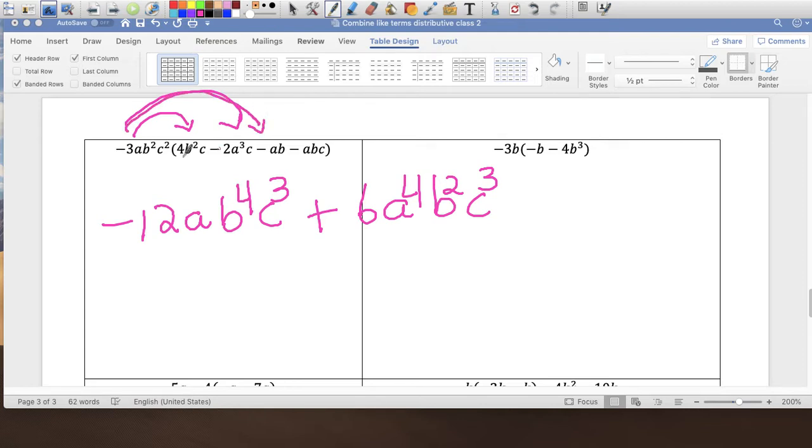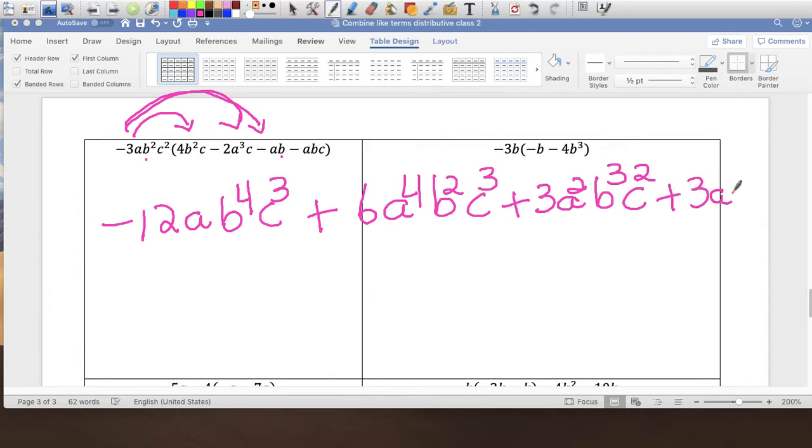Third one, negative times a negative again, so it's going to be positive. Plus 3. A times A is A squared. This B squared times this B is going to be B cubed. And there's no C, so just attach that. And finally, the last one's also positive, plus, and it's going to be 3 times 1 is 3.